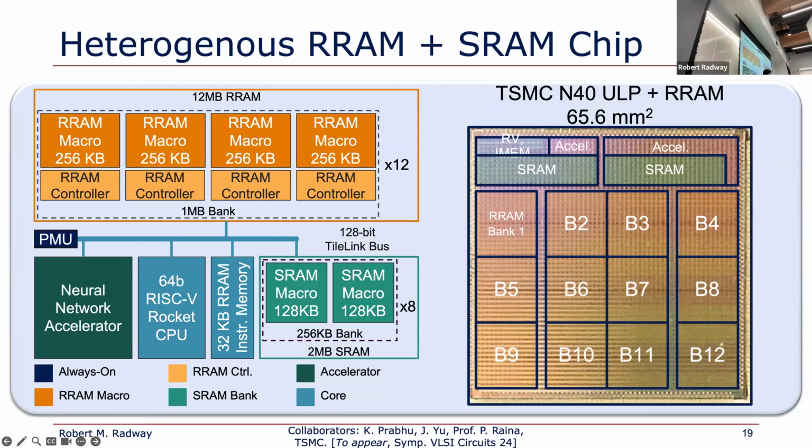So remember how I said memory is a large part of the energy? Well, in today's machine learning hardware, memory is pretty much all of the area too. This is the actual accelerator, a small slice, and a large part of that is actually SRAM that I'm not even showing. There's buffers and other small memories in here in the accelerator. Then we have SRAM for our activations and then RRAM for our weights.